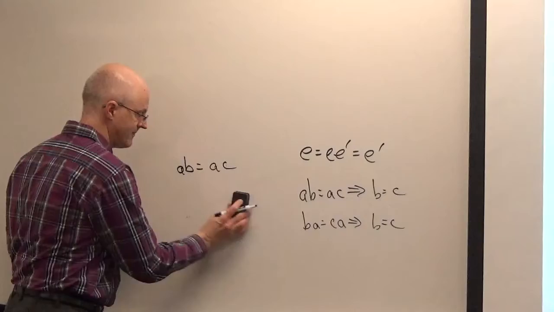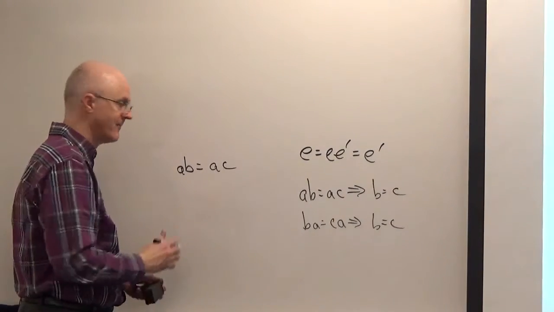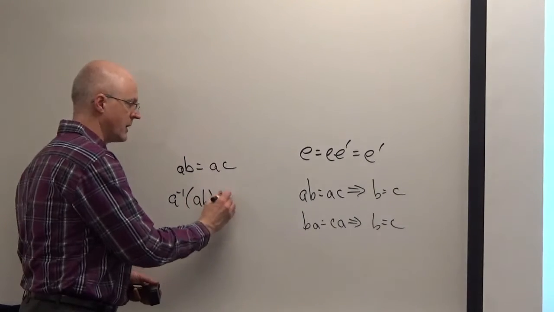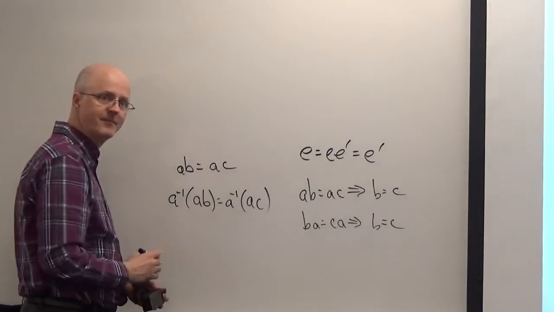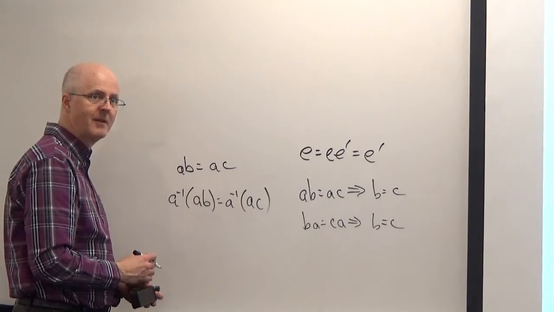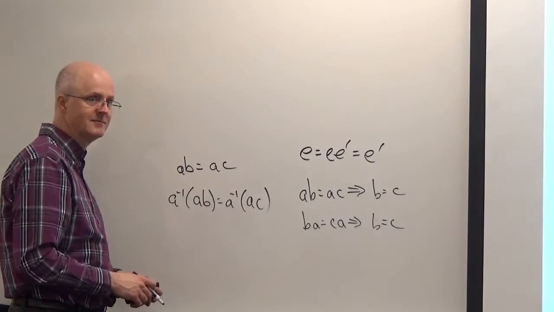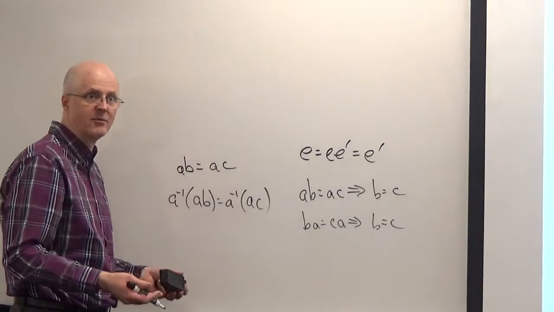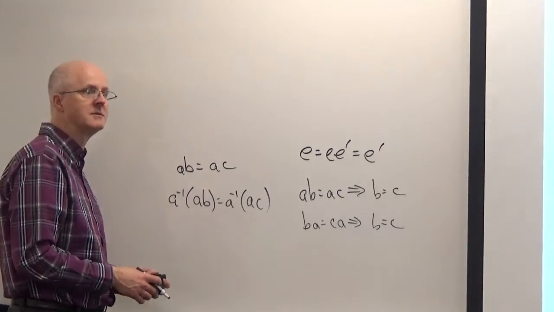So don't write that. Write this kind of thing instead, if you are going to left multiply by A inverse. Okay? Don't write fractions with groups, unless it happens to be the group of rationals under addition, for example.